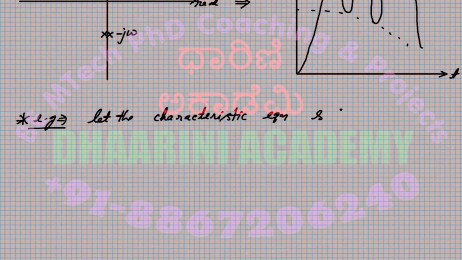The system's equation will be given. Let us assume that the denominator is s cubed plus s squared plus s plus 4 equals 0. This is the characteristic equation. Now if I ask you to find the position of the poles, what do you do?